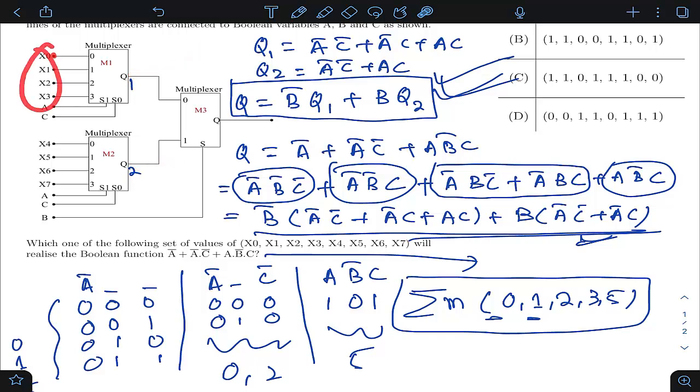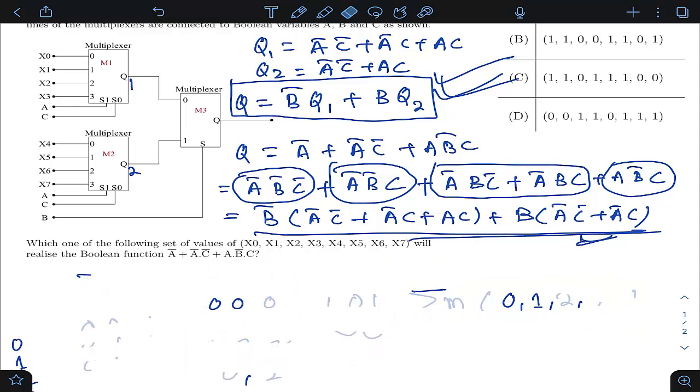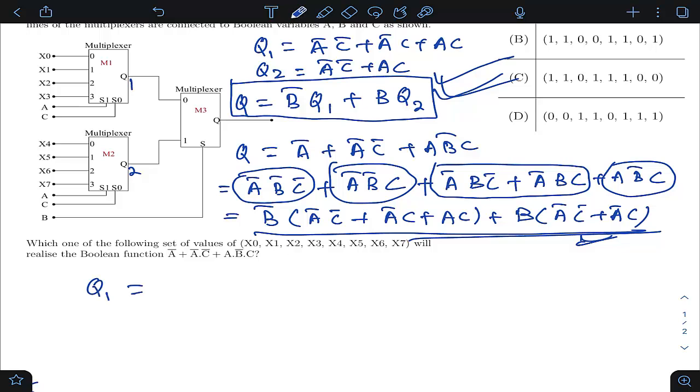Now you can easily figure out what should be the input here. Suppose, for example, I ask you, what is the Q1 expression here? Q1 is equal to, you can see here, 0, 0, A bar C bar. So you get A bar C bar X0 plus A bar C X1 plus AC bar X2 plus AC X3.